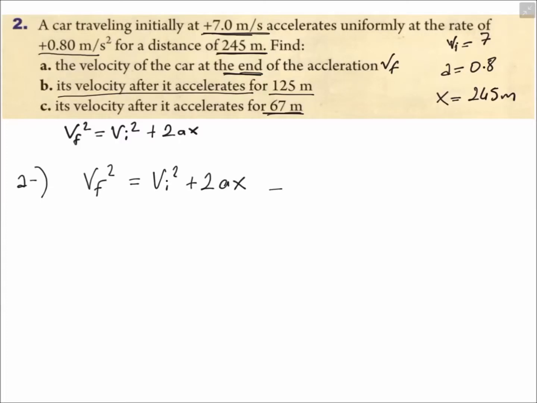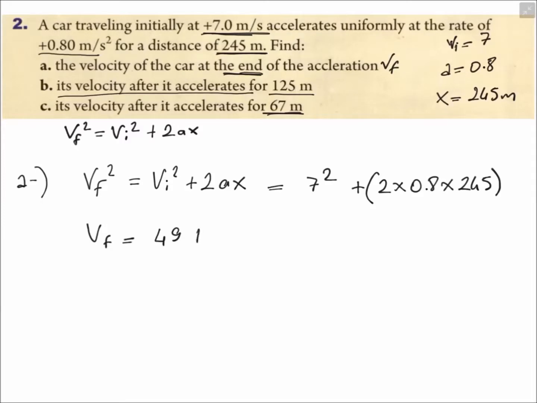And the V initial is 7, so 7 squared plus 2 times a, which is 0.8, times x, which is 245.